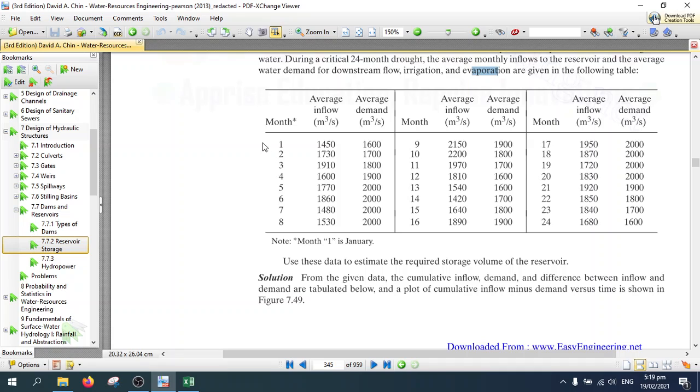right? So this table is just a 24-month data showing the inflow and then the demand per month, and the data is given in cubic meters per second. All right.